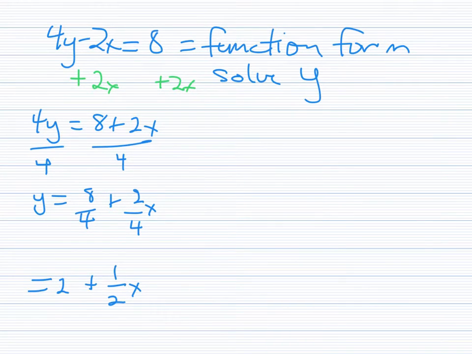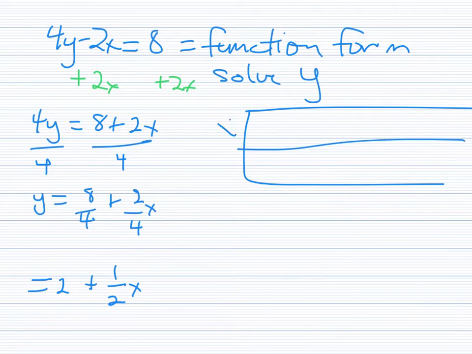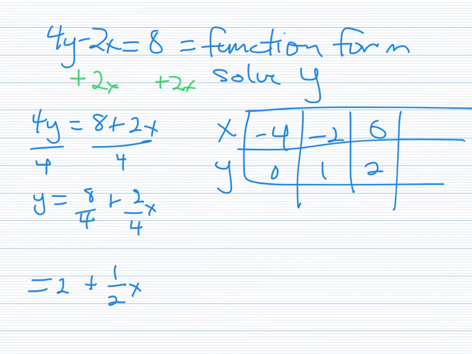And now we can start adding in points from a chart. Let's say we already have a table like we just did before, and we have -4 and 0, -2 and 1, 0 and 2, 2 and 3, and 4 and 4.